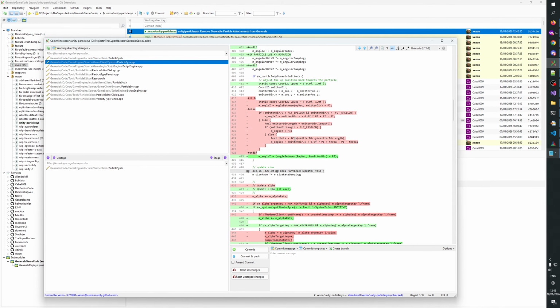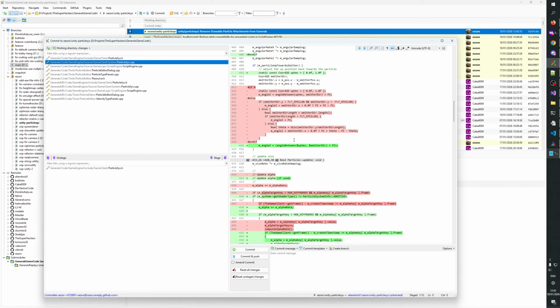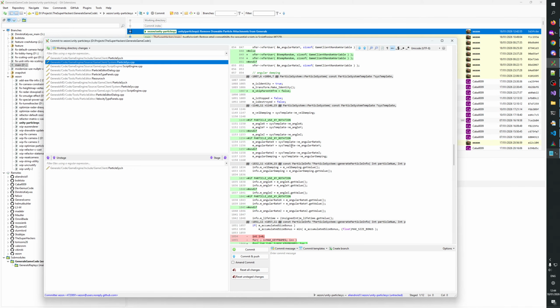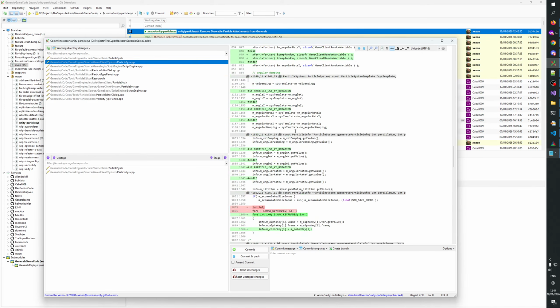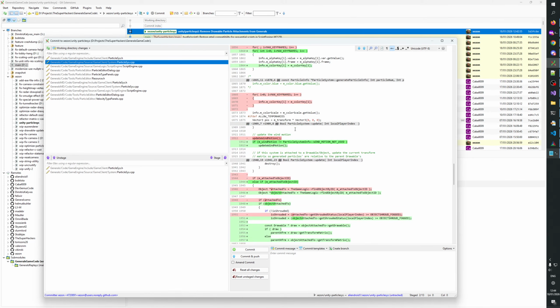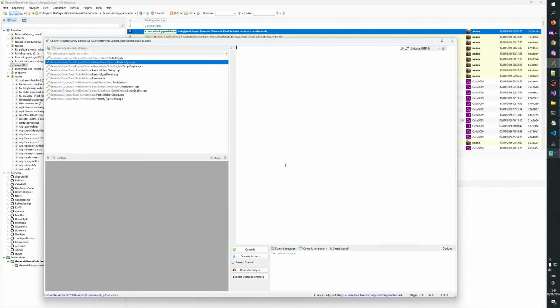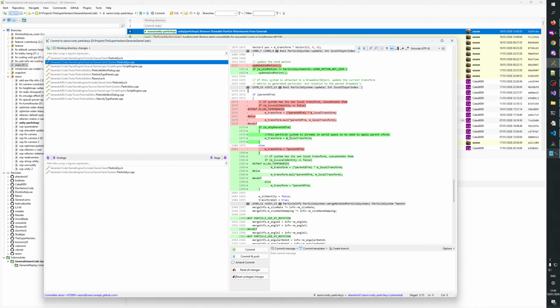X-form, it's this one. Take this here. Take that.